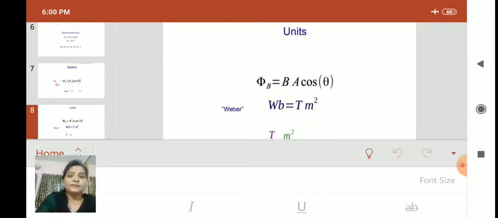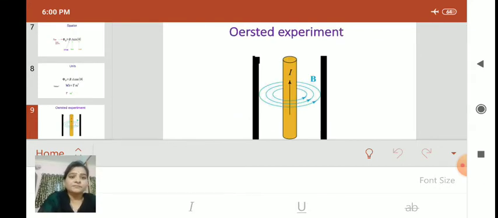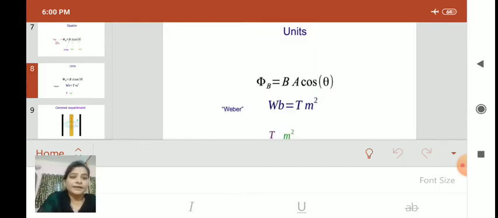So I can write the units of this magnetic flux. We have just now written phi b is equal to B A cos theta. Here B has the units of Weber per meter square, A has the units of meter square, and theta has the units of radians, but it is associated with a trigonometric function and hence has no units.